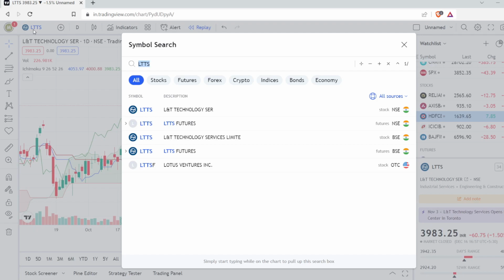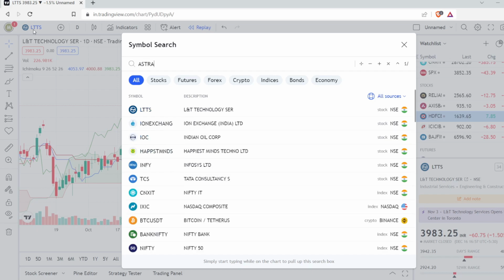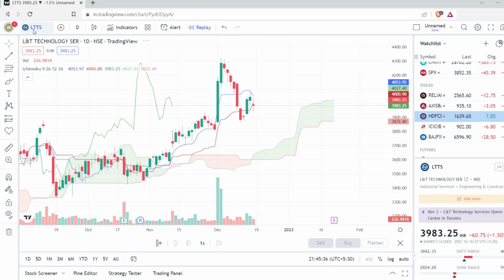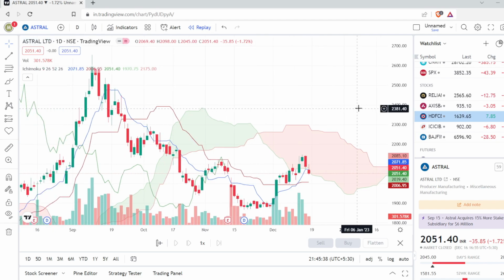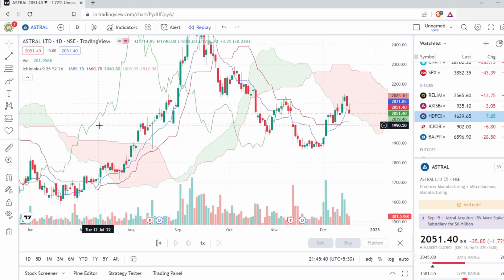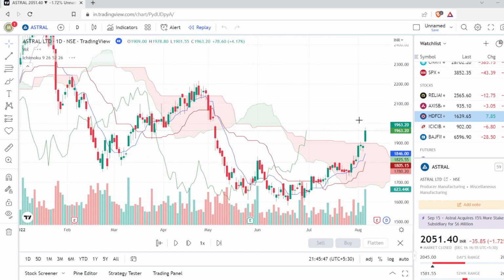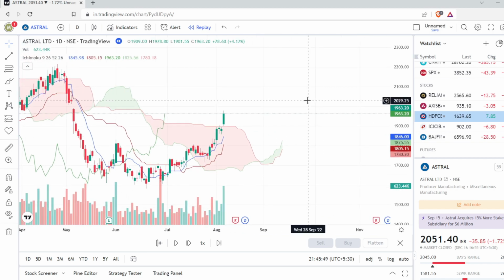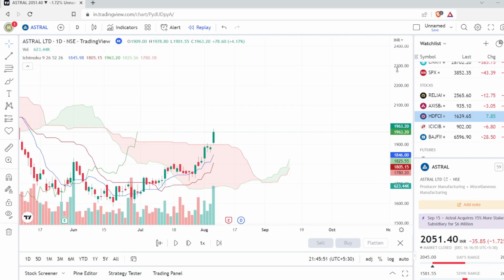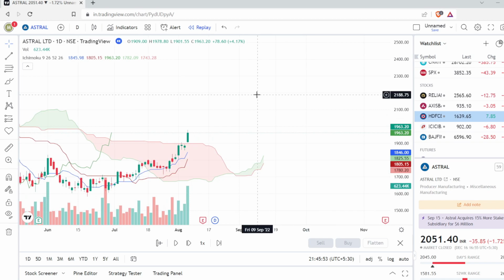The next trade that I would show you is Astral. Astral was again a good trade from the Ichimoku cloud system. Not here, but here. I'm showing you bullish trades only today because we're focusing on cash trades. If you want me to do short trades or futures and options, I will do it.